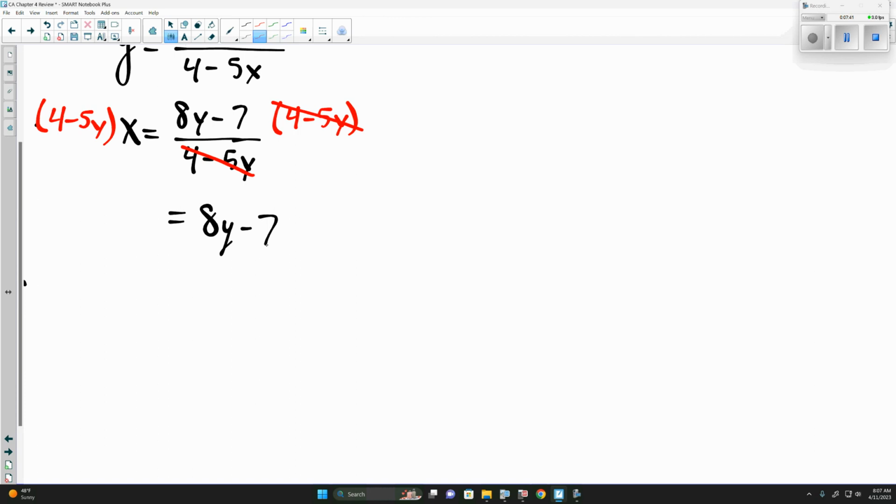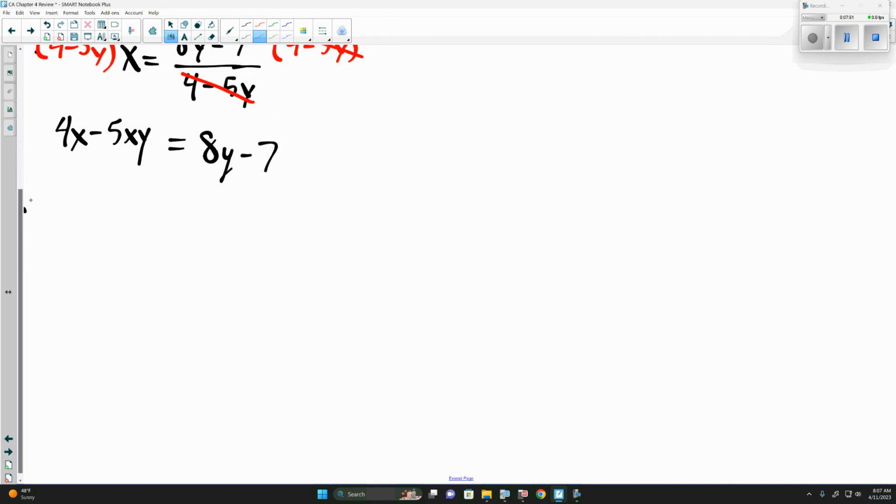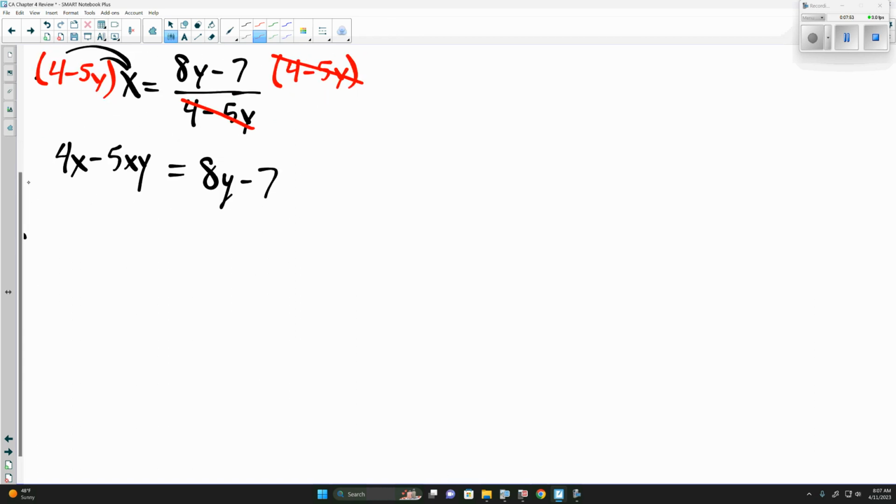On the left-hand side, we will have to distribute, which will give us 4 times x is 4x, minus 5y times x is 5xy. Now that we don't have any fractions, we need to get the y's together and everything else on the other side.